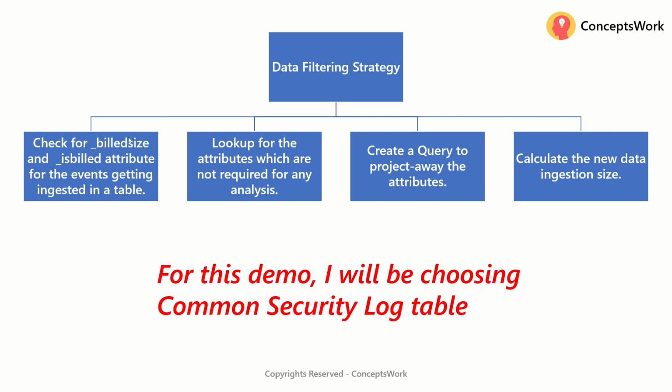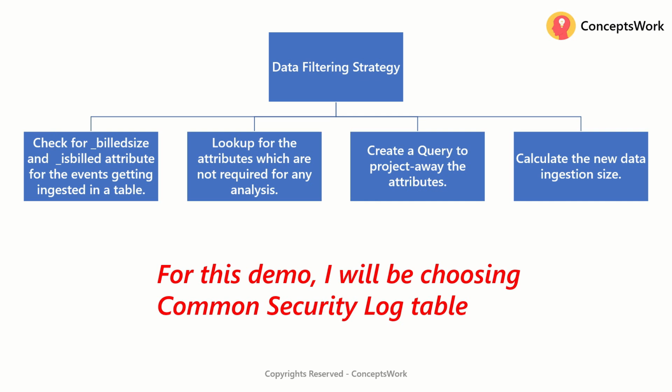Now, the very first step in terms of defining data filtering strategy is to go ahead and check for the _BilledSize and _IsBillable attributes for the events which are getting ingested in a specific table of your Log Analytics workspace.